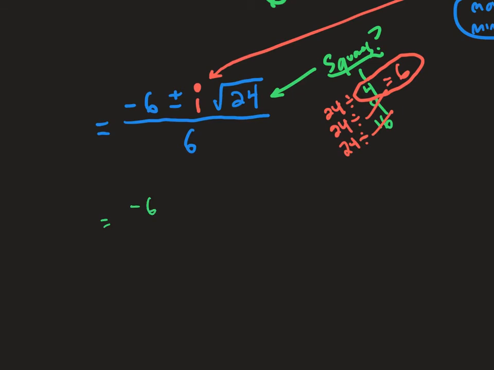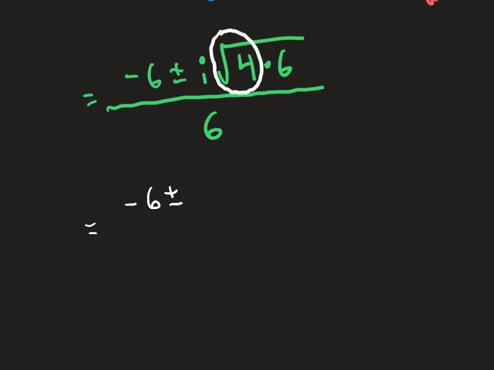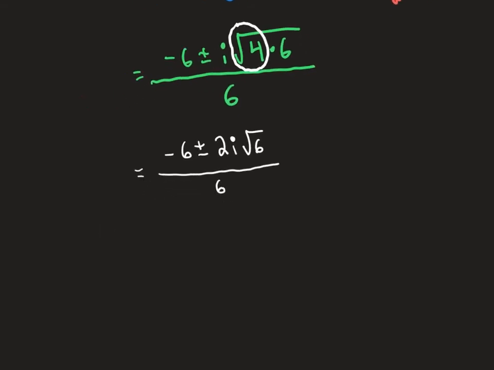We've got negative 6 plus or minus i, and then replacing the 24 inside with 4 times 6, over 6. And imagine you know the square root of 24, or square root of 4 is just 2. So I'll put that with the i, 2i square root of 6 over 6.